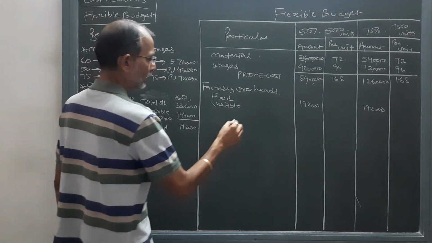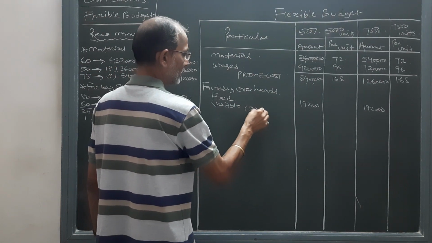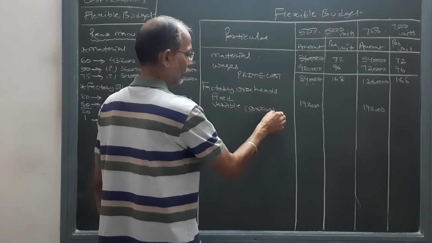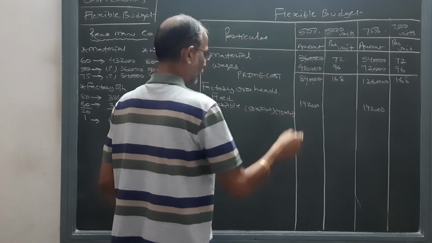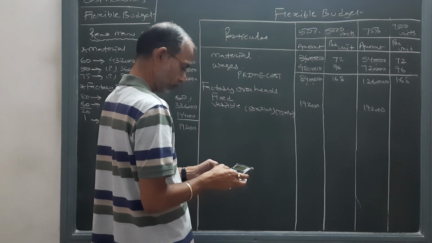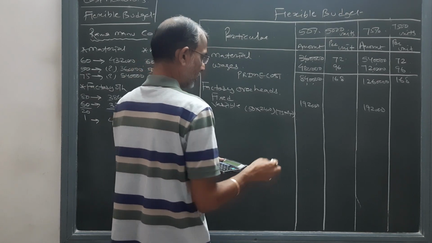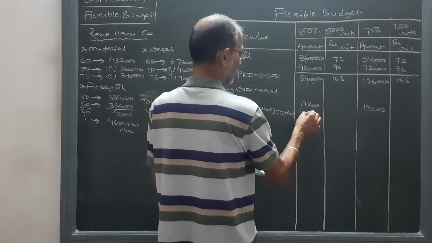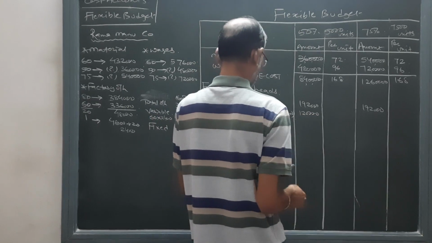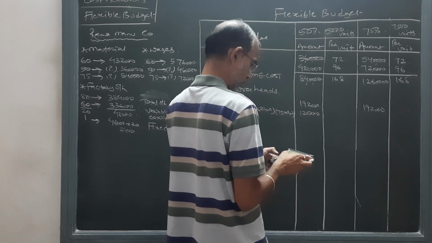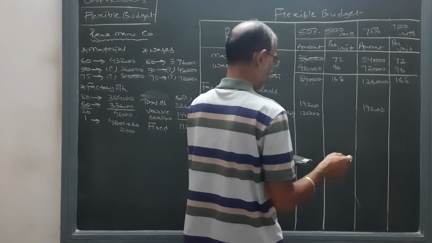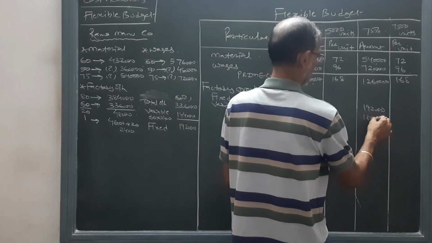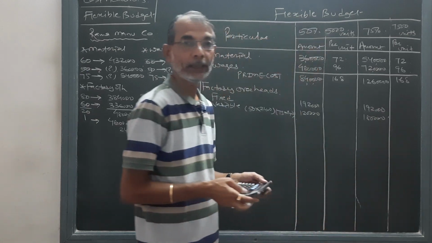Now variable for 50% capacity will be 50 into 2,400, and 75 into 2,400. That will be 1,20,000 and 1 lakh 80,000.